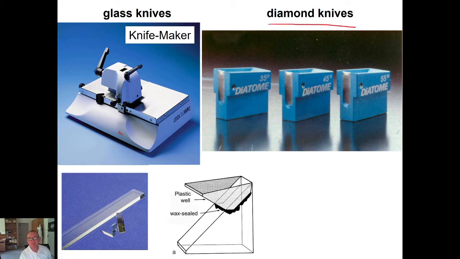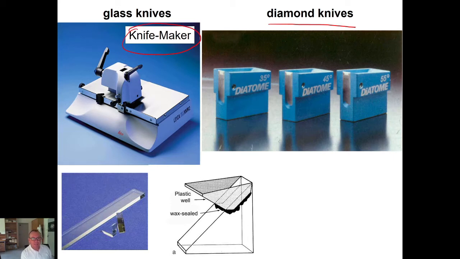so there isn't anything difficult to prepare them, it only needs money. And it is also possible to use glass knives, which are usually made directly in a laboratory by a simple tool called a knife maker.